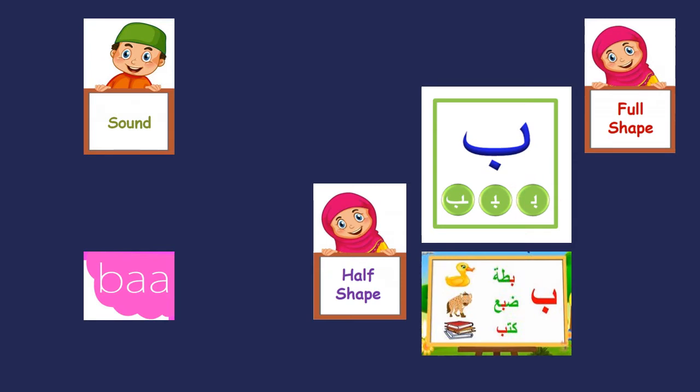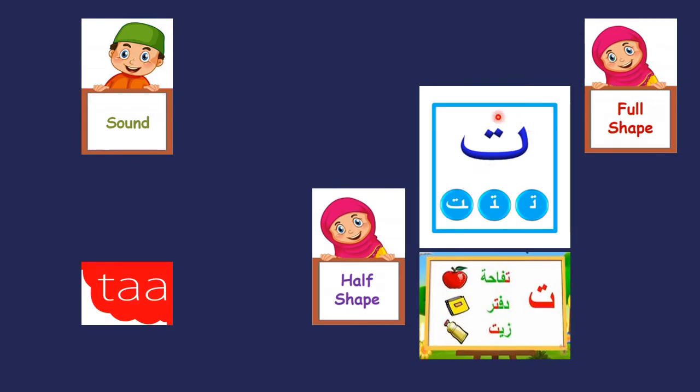When it comes in the middle of a word, it looks like this, and at the end of the word the letter Ba looks like this. In the start, in the middle, and at the end. This is the sound of letter Ba. Ba.